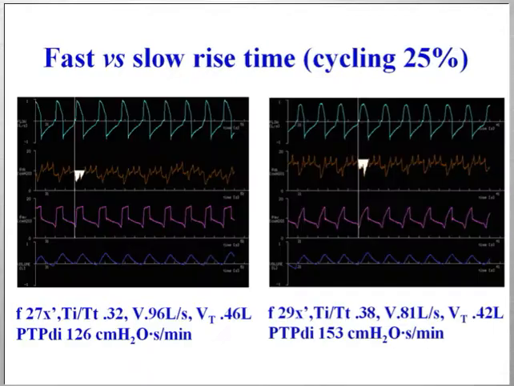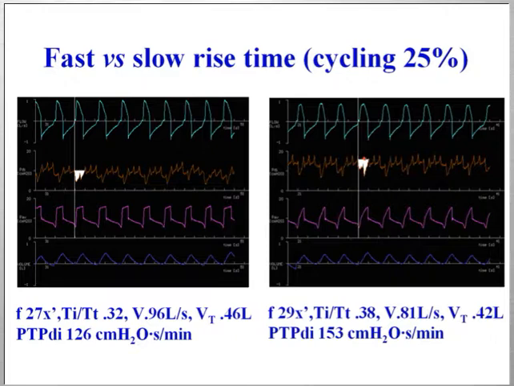And they studied different pressurization rates from 1 to a very rapid one, which you can see schematically here. So since the very beginning of the inspiration, you have a rapid and relatively high peak flow, and the pressurization rate is very quick, and you have this sort of squared airway pressure tracing.